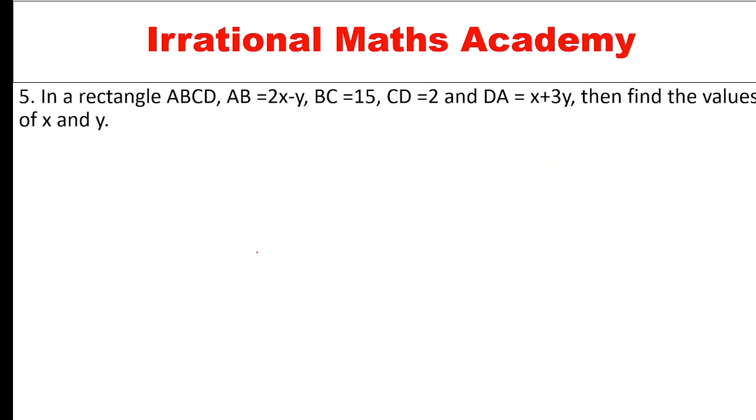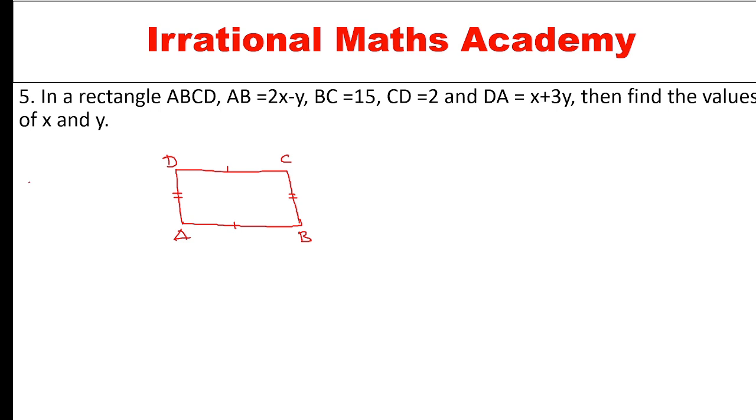Next, in a rectangle, first of all, draw this rectangle ABCD. When you are labeling, label it in order. From wherever you want to take A, you can take it, but label it in order. One thing we know in a rectangle is that opposite sides are equal.